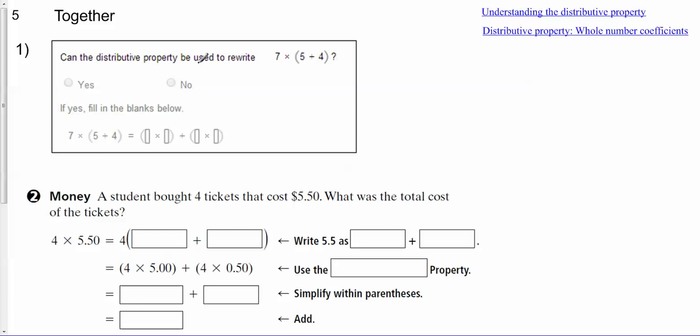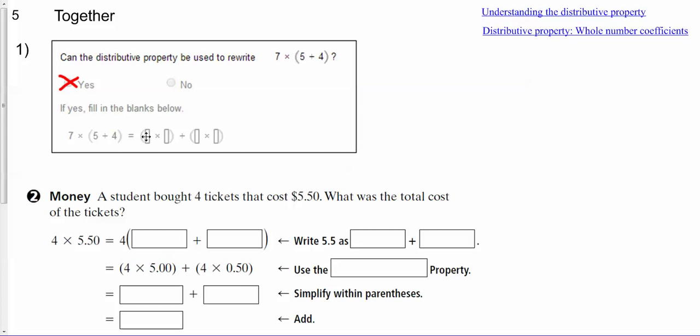So, can the distributive property be used to rewrite 7 times 5 plus 4? Can it? Yes, it can. Absolutely. So I'm going to type this one in because it's small.